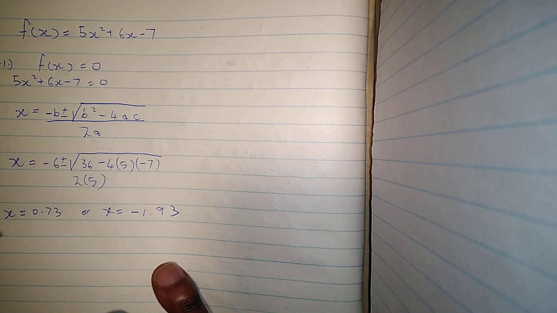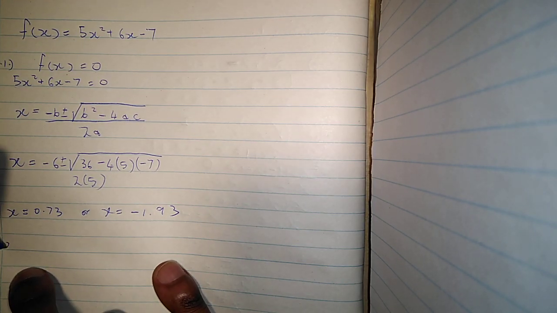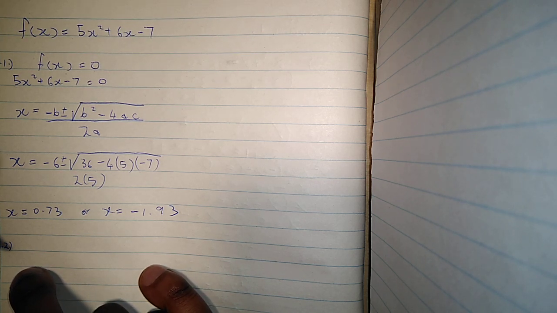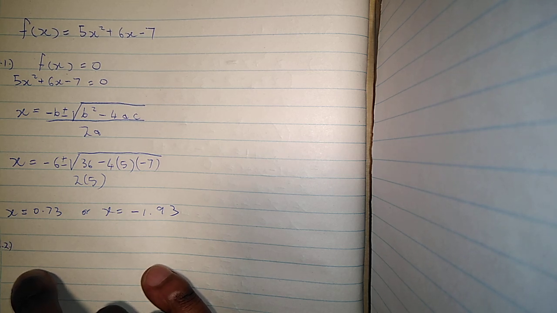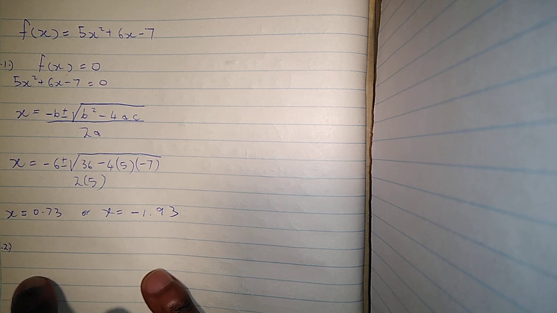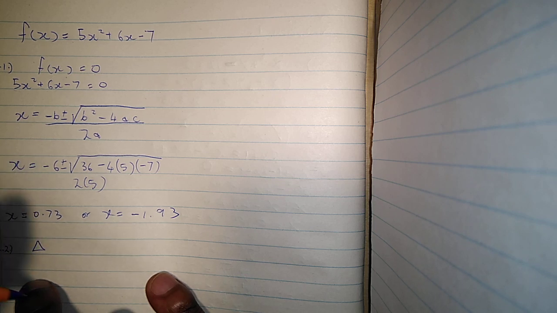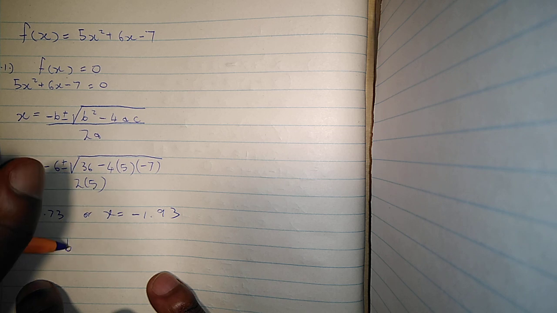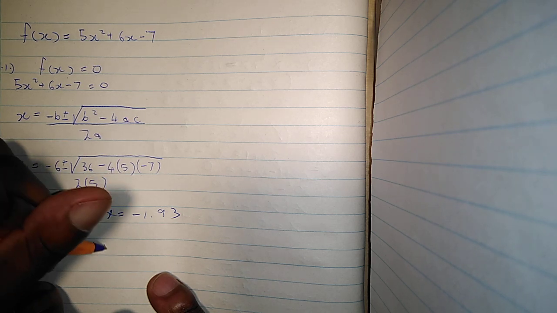The next question says we need to discuss the nature of roots. Remember in the first video we discussed how we solve nature of roots. We solve nature of roots by using the discriminant, which says that delta is equal to b squared minus 4ac.